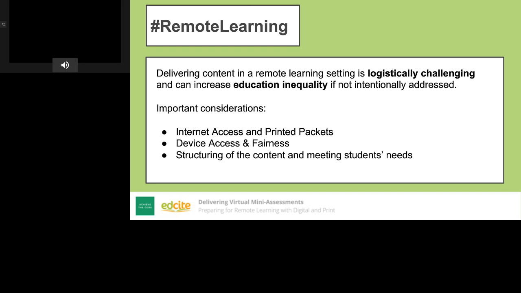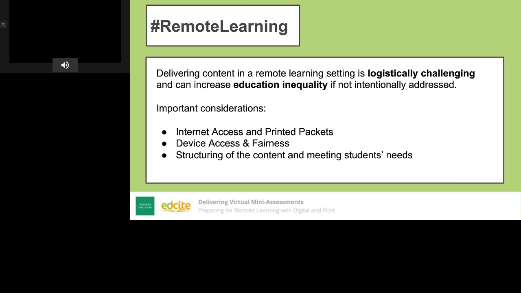You know, typing a 5-paragraph essay on a phone is not equal to typing a 5-paragraph essay on a laptop. And so just making sure that as we're moving to things very quickly because we need to, that we're just being cognizant of some of the impacts on our students and their access. And we're also just going to touch upon making sure that you're structuring content and delivering that content in a way that's meeting all of your students' needs.